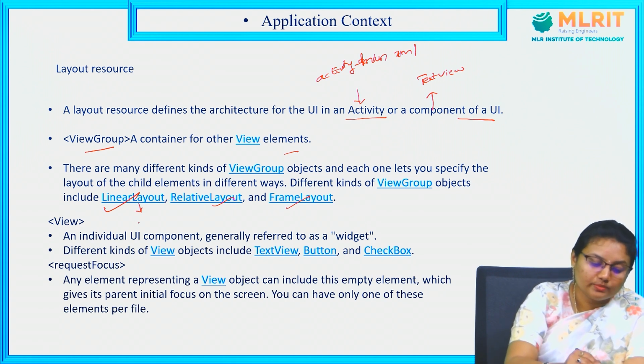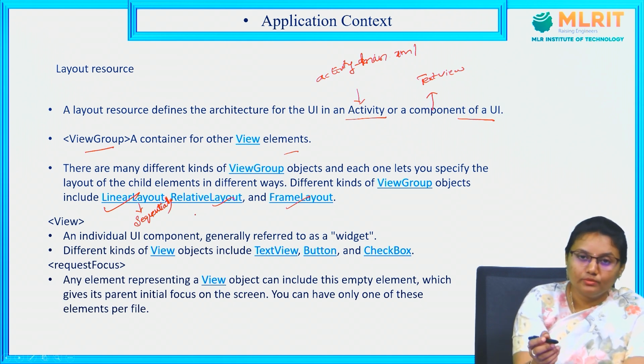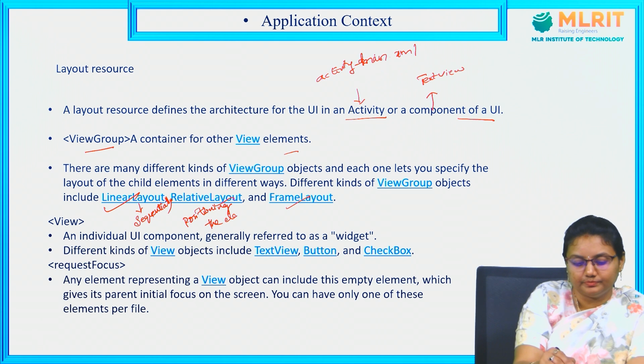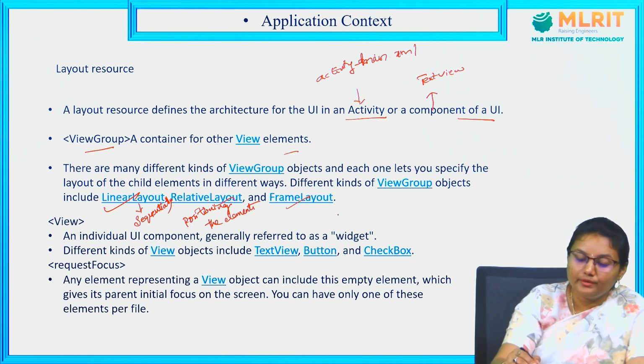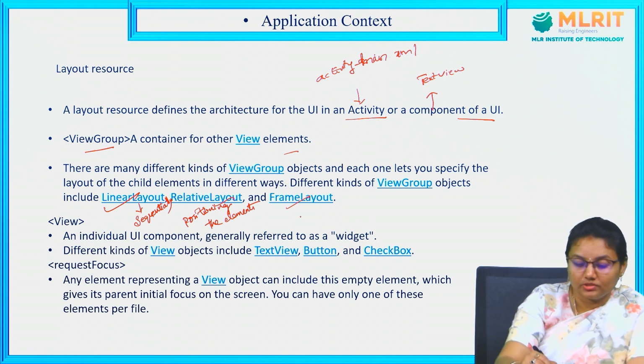Linear layout is where the layout can be displayed sequentially. Relative layout is according to the user, where he can position the elements. Frame layout is used when you want to customize a set of components into a particular part of a page.